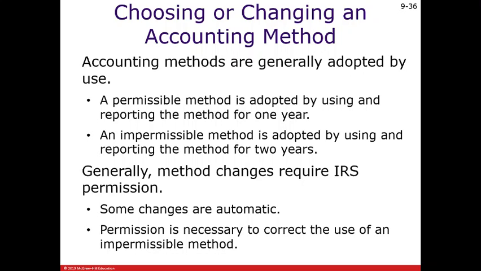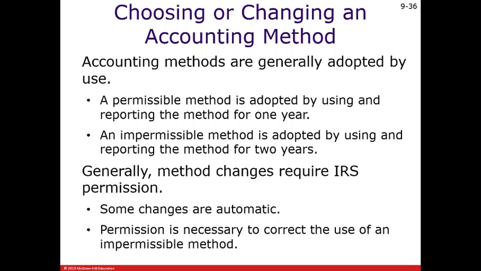Why does the IRS require you to get permission once you've adopted an impermissible tax method or accounting method? Well, they want to know about it, and they want to make sure that the method you're changing to is going to be permissible and appropriate.